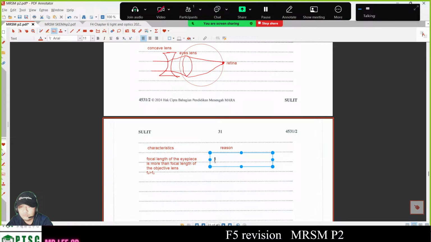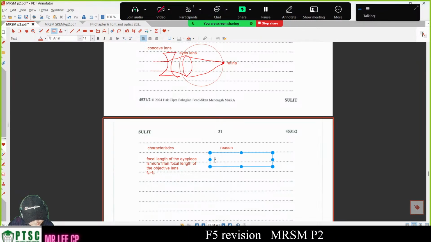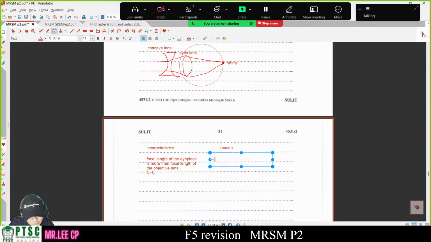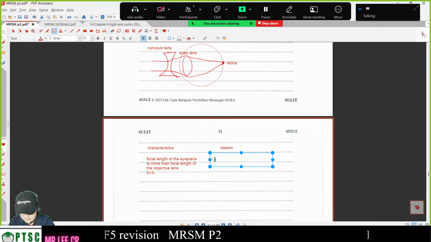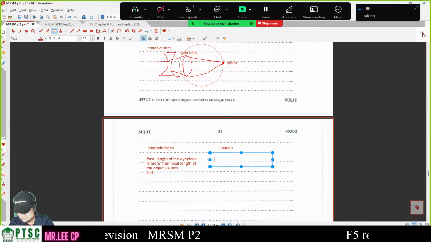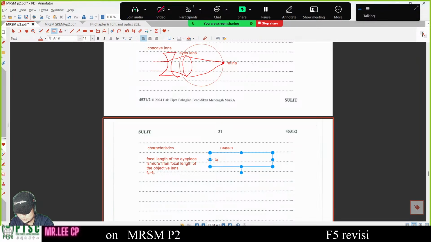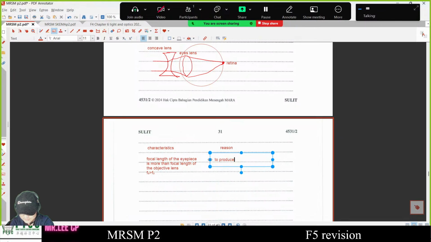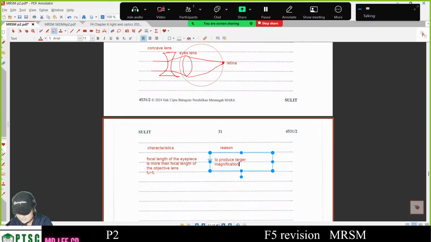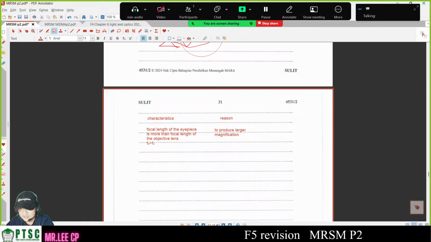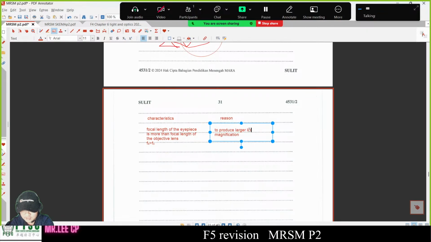Why FE more than FO? To produce a larger linear magnification.